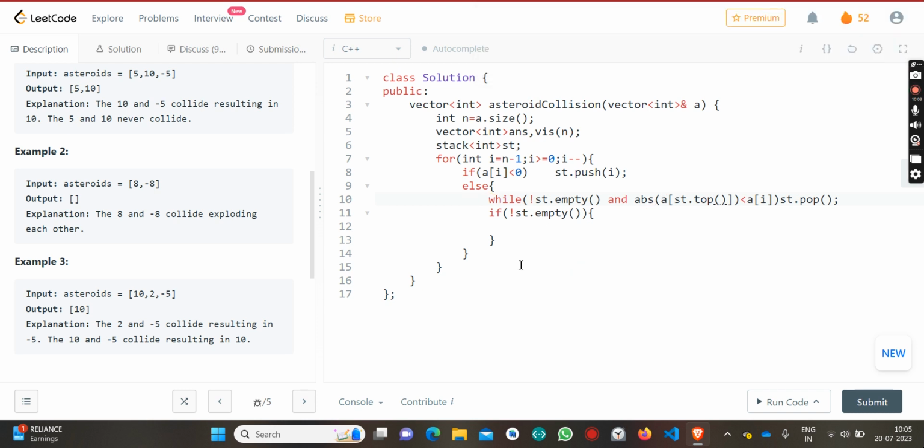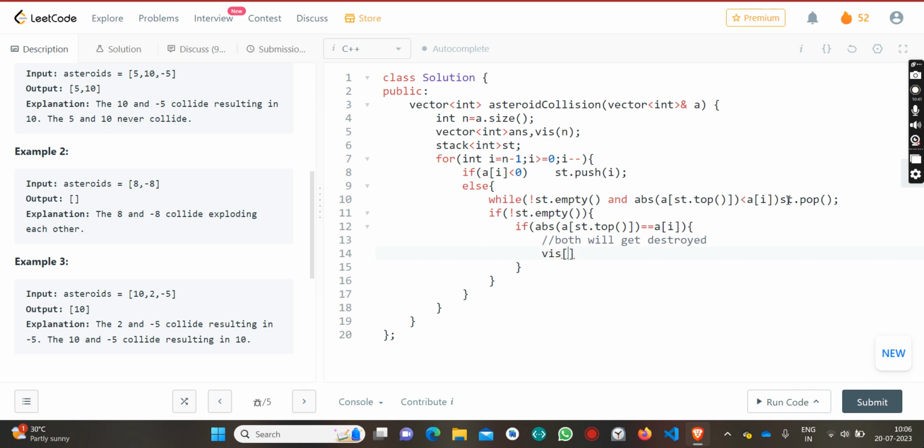Okay, so if absolute of a of st.top equals a of i, both will get destroyed. Okay, so in this case both will get destroyed.